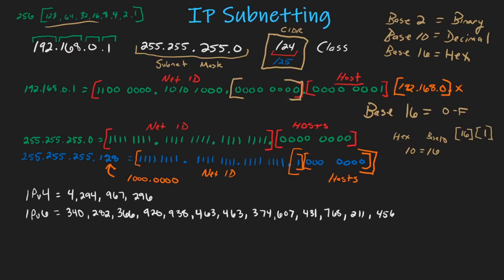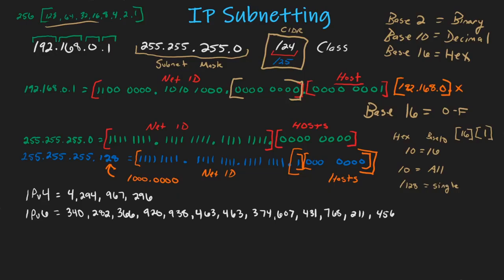Now, when we're doing the CIDR notation, an IPv6 address is 128 bits. So that means we can go all the way from a /0, which just like in IPv4 represents everything, all. And we can go all the way down to a /128, which is a single address.